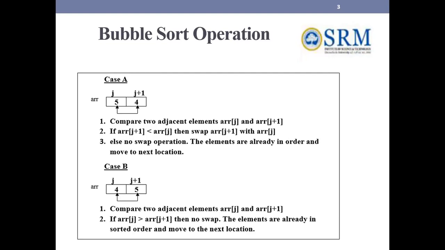During comparison, if the successor is lesser than the predecessor, swapping is performed. Otherwise, the elements are left as they are because they are already in ascending order. So we can go and fetch the next element. These are the two cases. If you understand these two cases, it's very easy to implement.